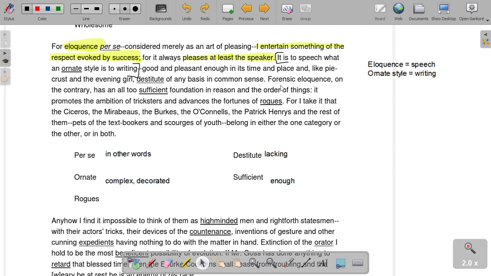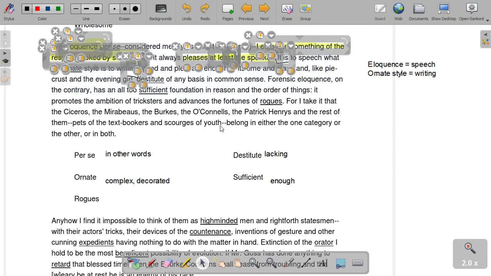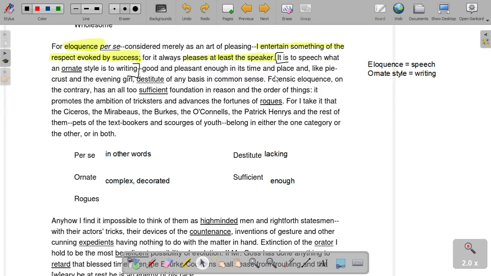So notice the sarcasm that he's about to go with. He's saying here that this is why we shouldn't allow overly complex sentence structures, things like that. But then he says that, hey, but at least forensic eloquence, that he's been criticizing this whole time, has at least a sufficient foundation in reason.